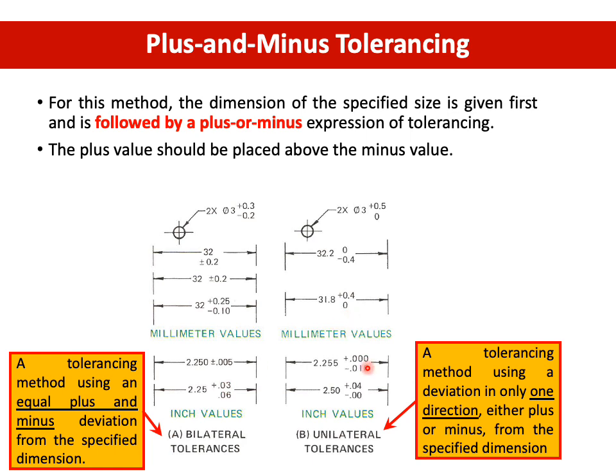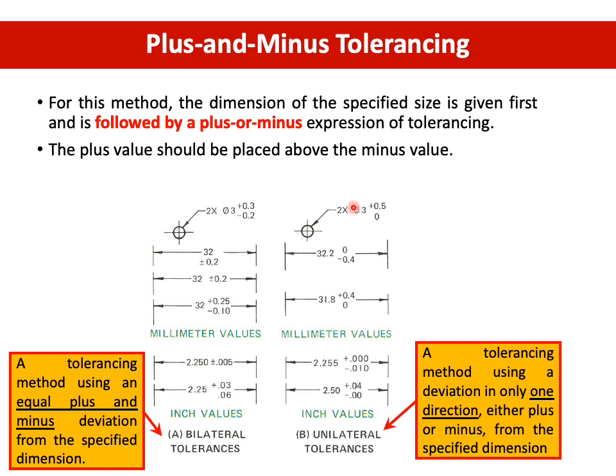As for the unilateral tolerance, if you only have one way, either positive or only negative, you just put it like this. In this example I'm showing you, it's a plus 0.5.